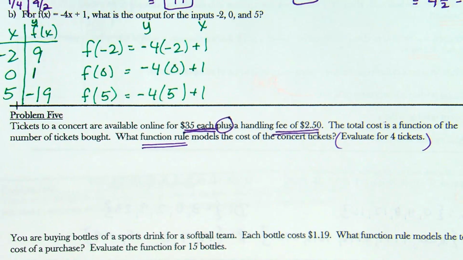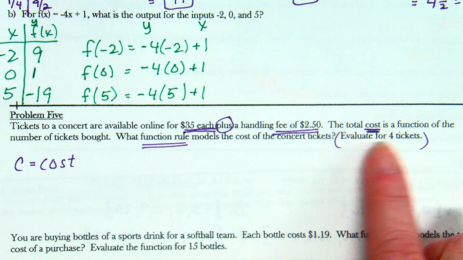Now, what do we need letters for? The total cost. So I was going to say C for cost is a function of the number of tickets, so I'll use T for tickets. Am I saying Justin's f and x are wrong? No, I am not.